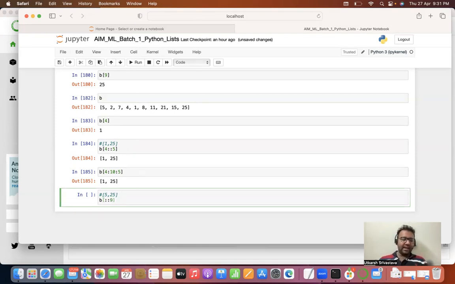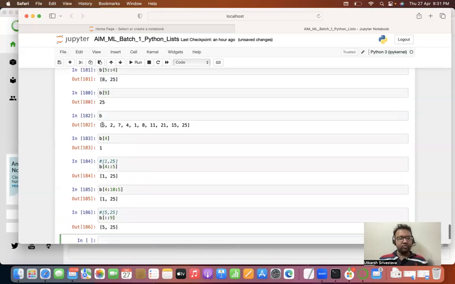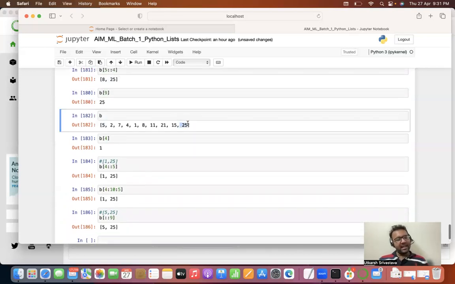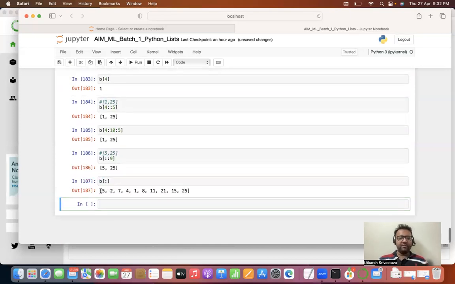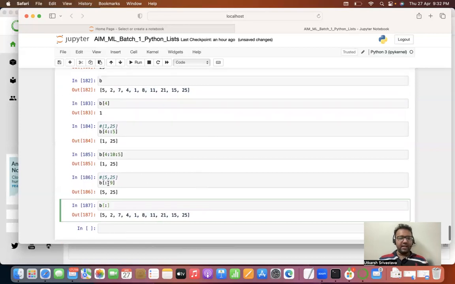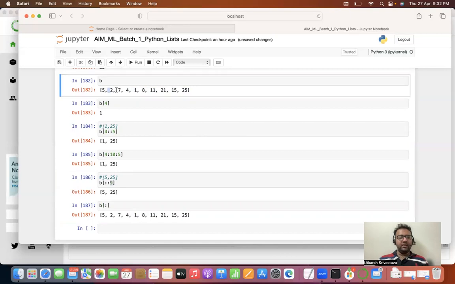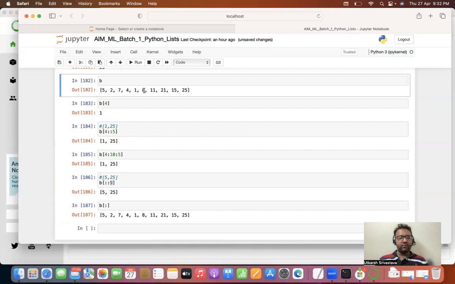All right. So B, blank, blank, 9. Correct. If we leave the entire list blank, it will print from start till end. So blank colon blank colon 9, so 1, 2, 3, 4, 5, 6, 7, 8, 9. Correct.